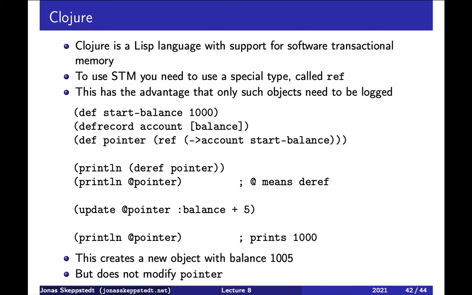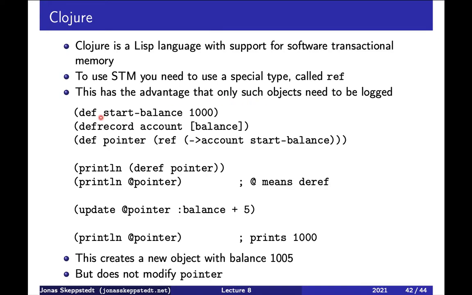And this leads to that only very little needs to be logged by the software transactional memory system and checked at transaction commit compared to in C or C++, for instance. Okay, so let's look at what we can do.